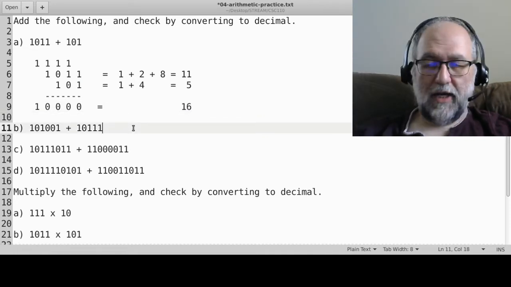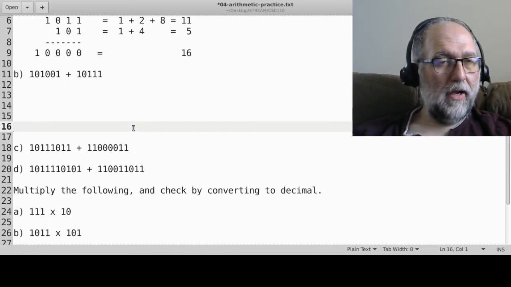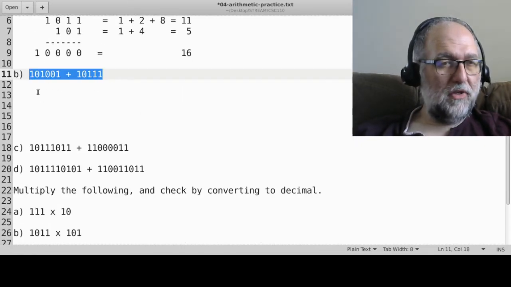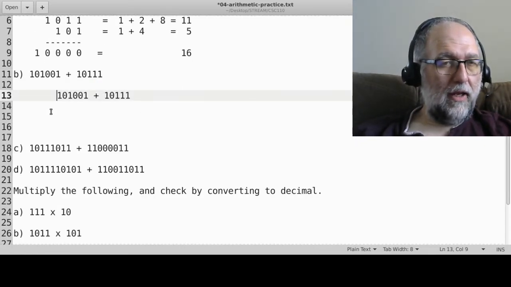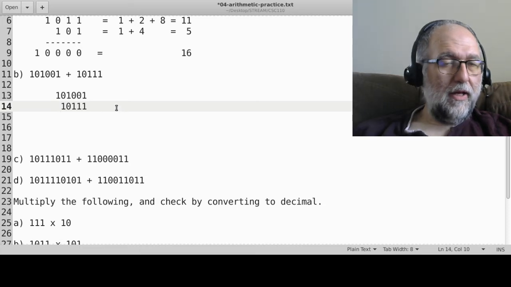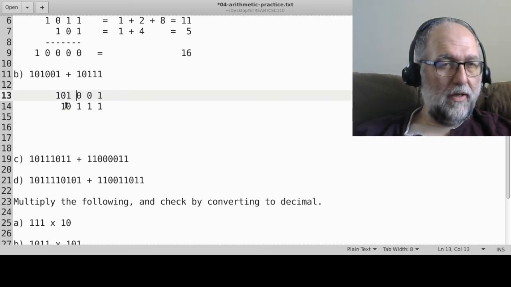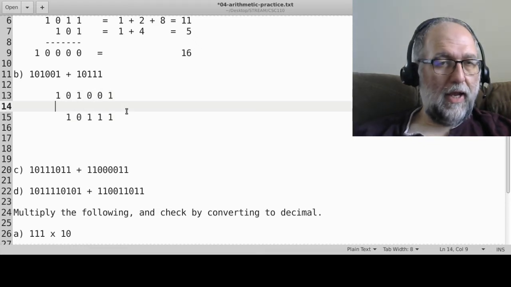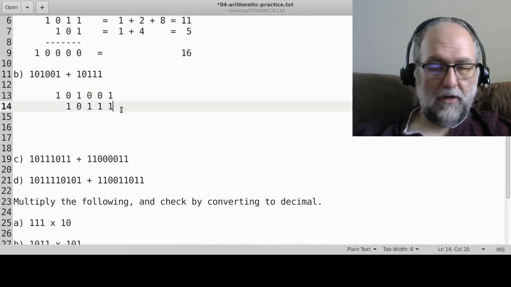Let's do the next one. We have these numbers here, and once again we align them. We'll align the first one underneath the second one so that the ones column here aligns with the ones column there. Again, to make it easier to see, I'm going to space these out like that, and let me put my line underneath here.